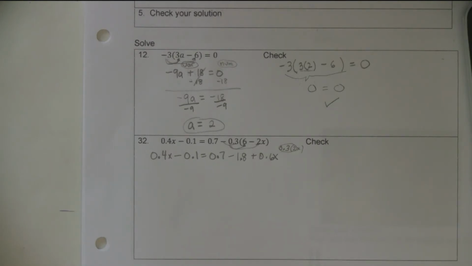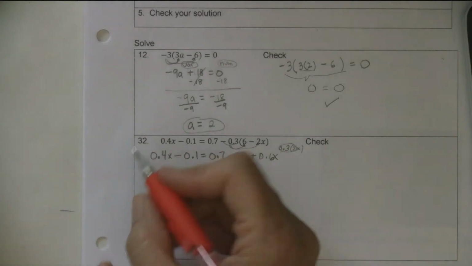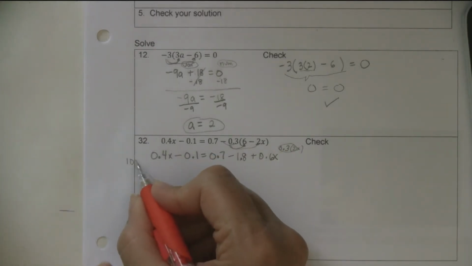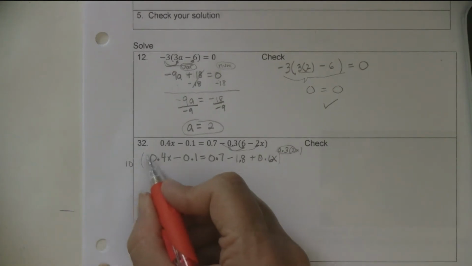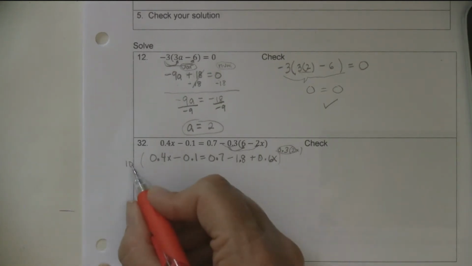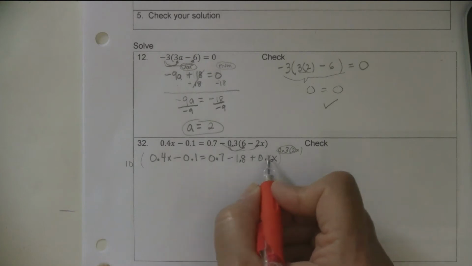So that means that you multiply both sides, every single piece, by 10. So I'm going to multiply this whole equation by 10. And that means both sides, I'm going to distribute. So I'm going to multiply this side by 10 and this side by 10.